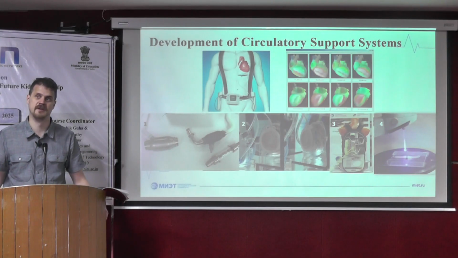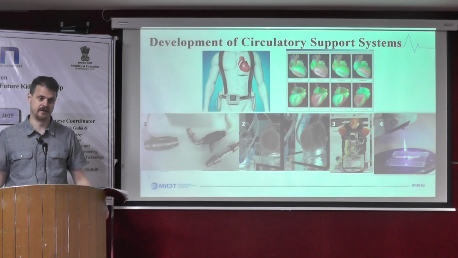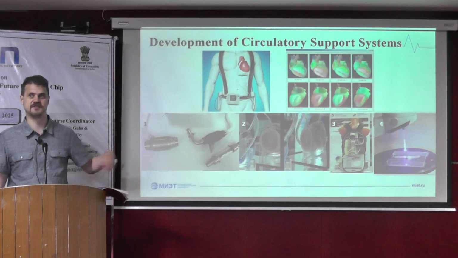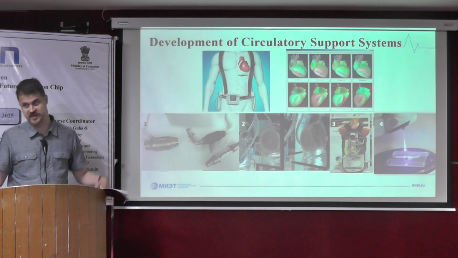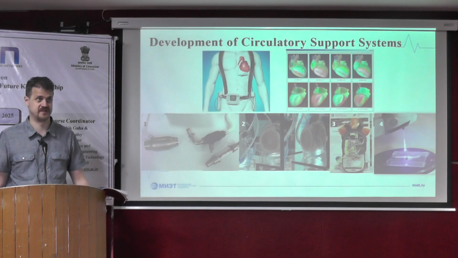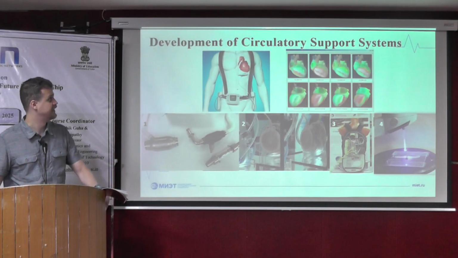We have the lack of the donor organs to provide all people who have developed the chronic heart diseases, and the only way to help them is to artificially provide the blood circulation within the system. And the most desirable approach here, besides the organ transplantation, of course, is the development of artificial heart, a total artificial heart that can maintain the blood circulation within the human body.